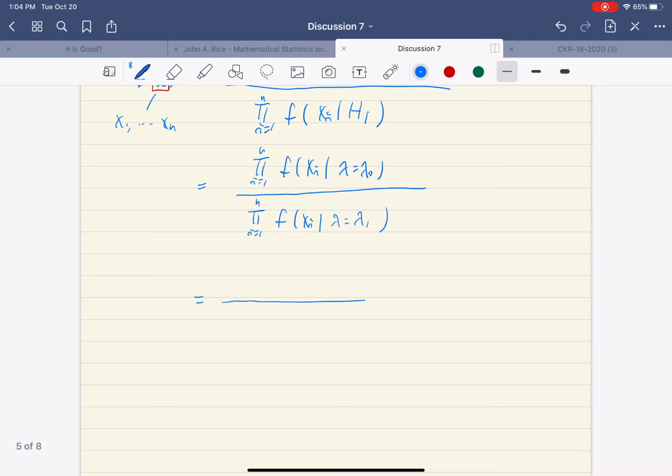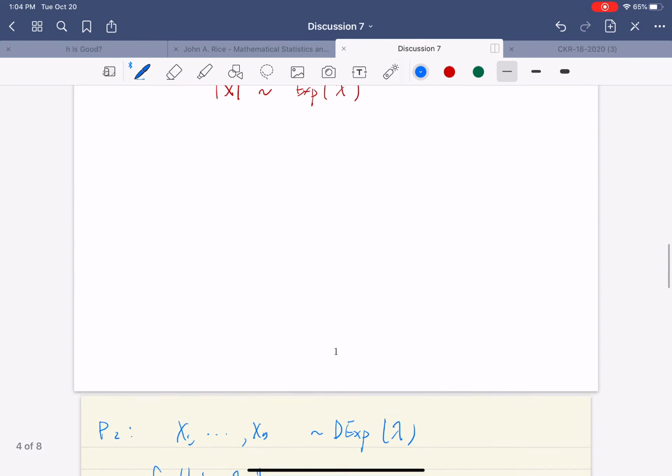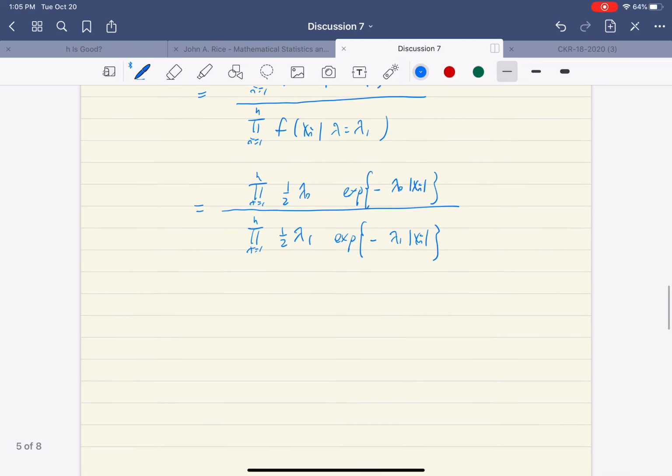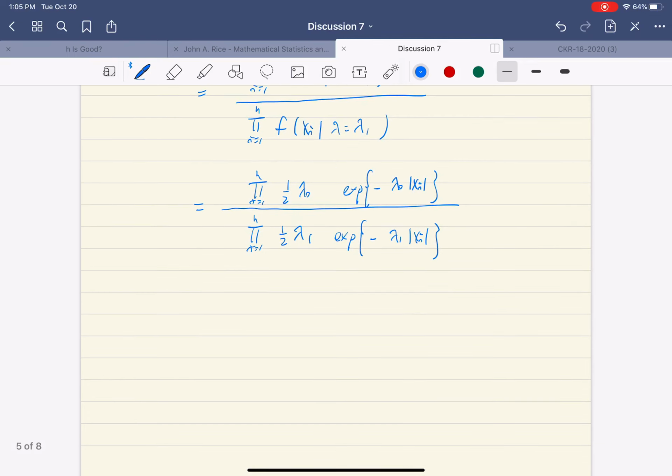So we know that for S1 to Sn, the density is 1 over 2, I think, lambda 0 exponential of negative lambda 0 times the absolute value of Si, and it's the same form in the denominator. So let's look at this, and we can do some algebra.